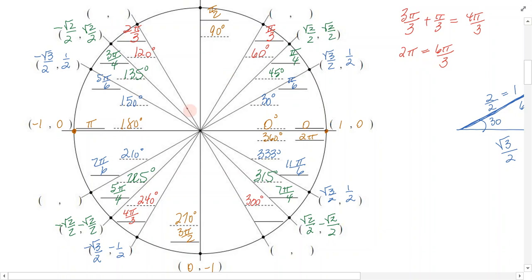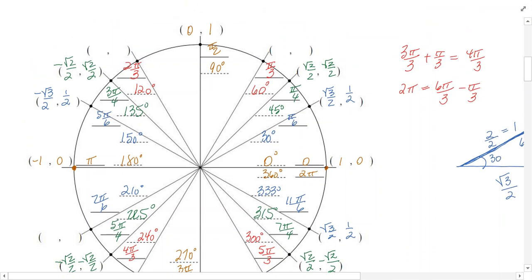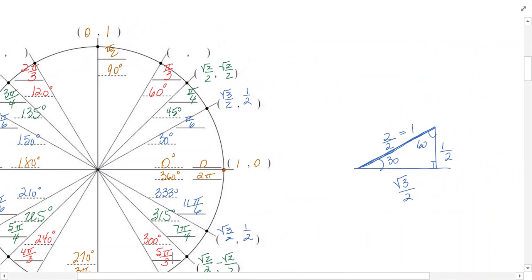If we rotate all the way around and then subtract 1, so minus pi over 3, we would be at 5 pi over 3. So there are the angle and radian measures as we are moving around the unit circle for our 60 degree, or pi over 3.